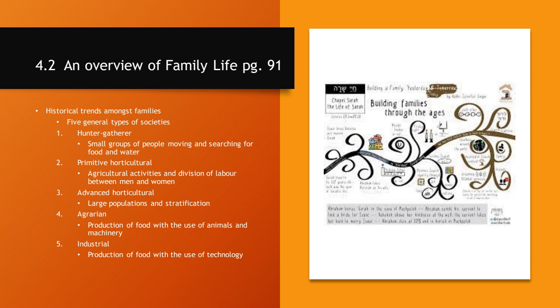And then in the primitive horticultural societies and the advanced horticultural societies, the idea of families changed in such a way that there was a lot of agricultural activity and also a division of labor between men and women. So the separation of families started to come about.